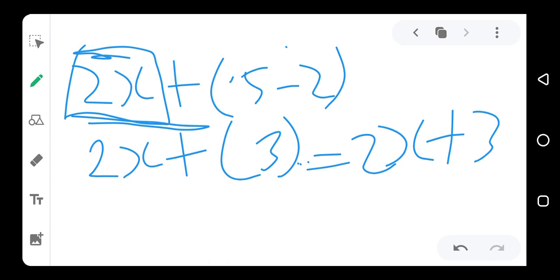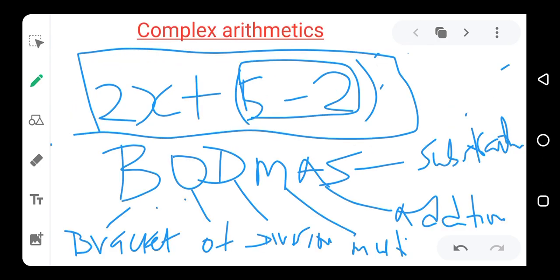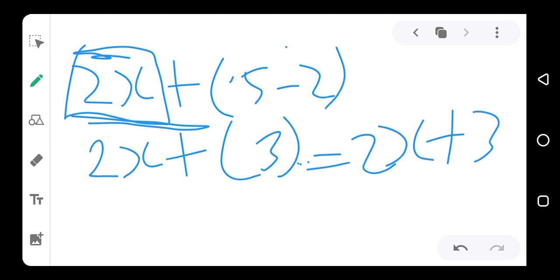Now we look for of. Is there of? No. Is there division? No. Multiplication? There is no multiplication. There is nothing for us to multiply. Then addition: is there anything for us to add? Yes, we have 2x plus 3.